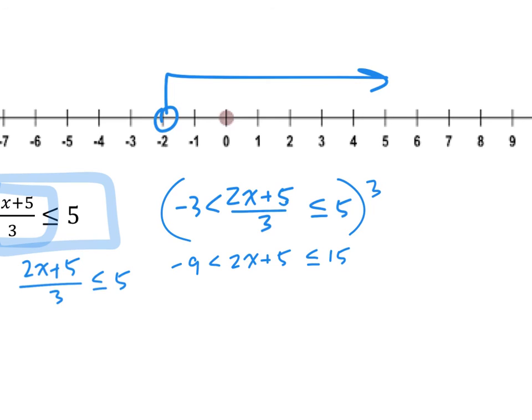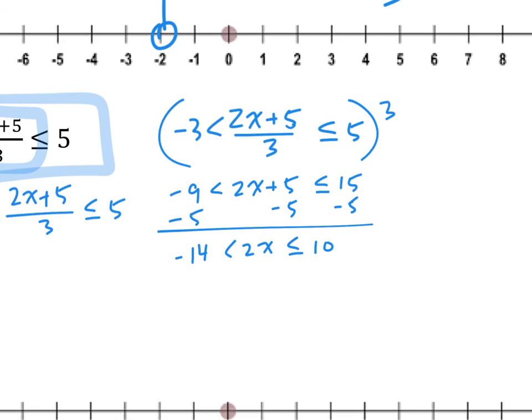In this case, there are 3 sides. So we're going to subtract 5. Negative 14 less than 2x less than or equal to 10. And the last thing we're going to do is divide by 2. Negative 7 less than x less than or equal to 5.